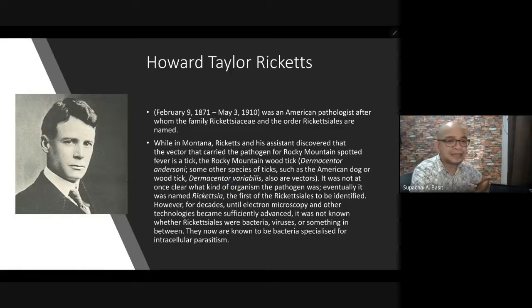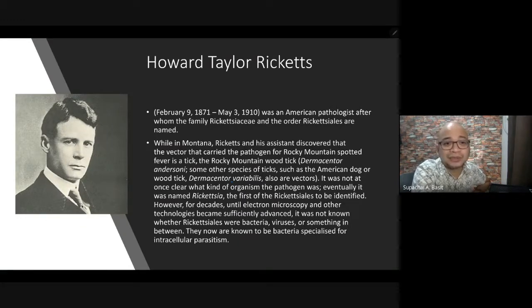Okay, so let me first tell you a very interesting story of its discoverer. Rickettsia was discovered by the scientist after whom the term Rickettsia was named.